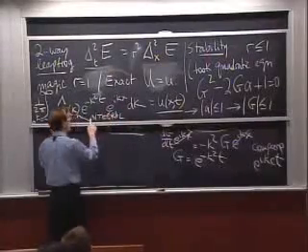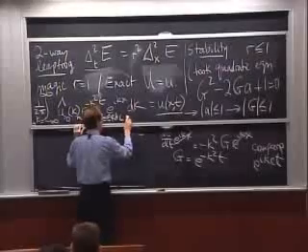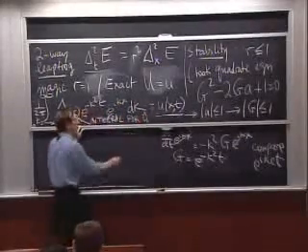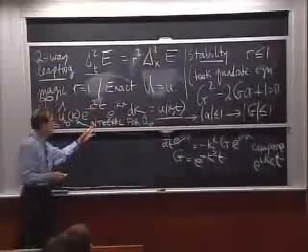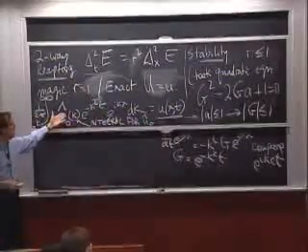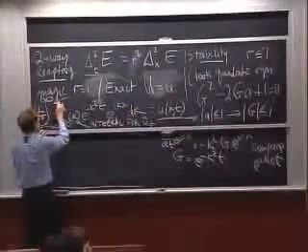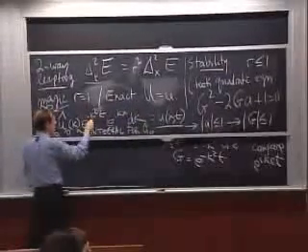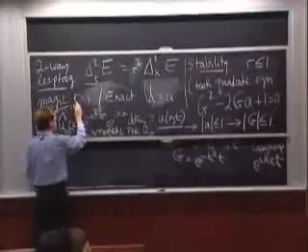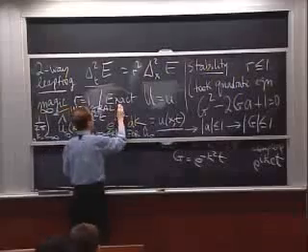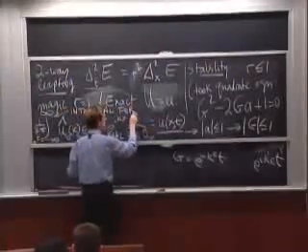To find u hat for u naught, we would have to use this formula, we'd have to find this transform, and then we have to do this integral for the inverse transform, this integral for the answer, u.